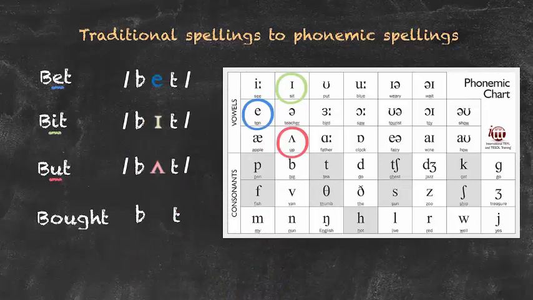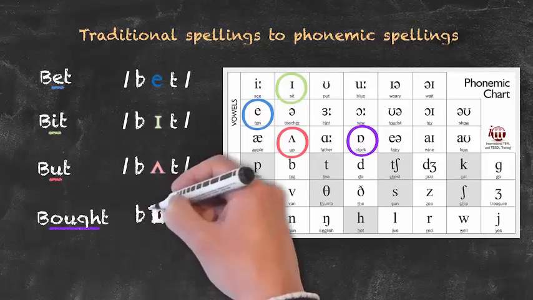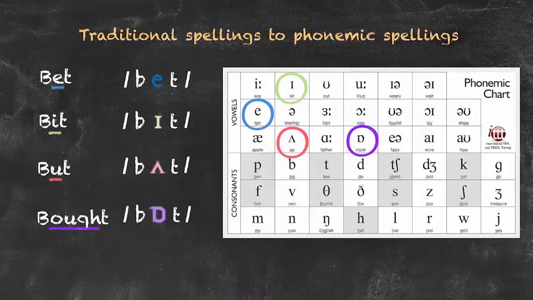Finally, we have bought, and we have to find the phoneme for the sound, and we look here at our pure vowels, and we see that this symbol here is used in pot, and that's a very similar sound, in fact the same sound as in bought, so we know that we use this phoneme here to arrive at bought.